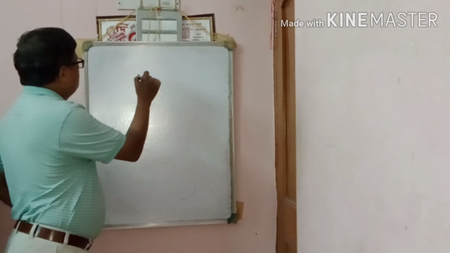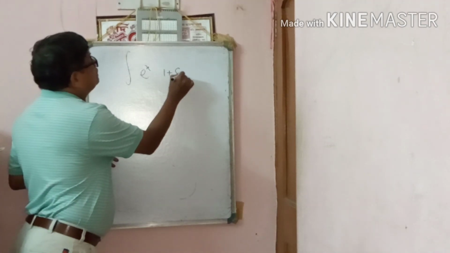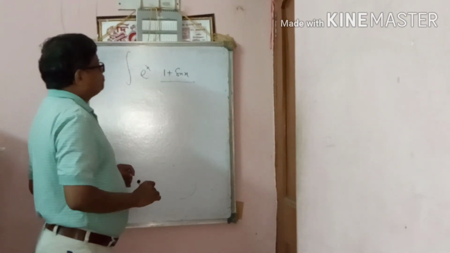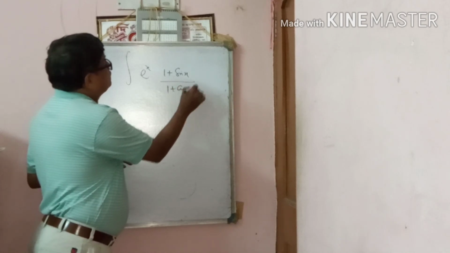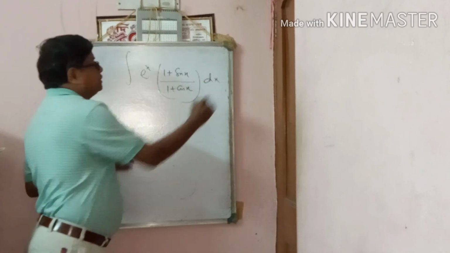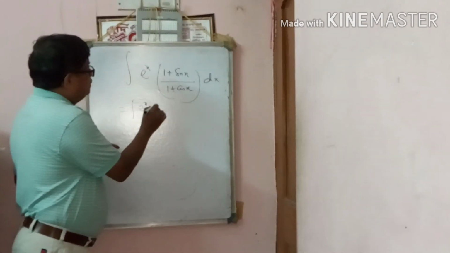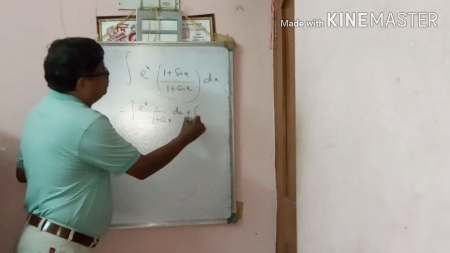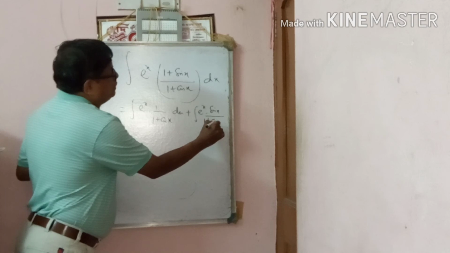Suppose e to the power x into (1 plus sin x) by (1 plus cos x) dx. This one. See, look here, you can write e to the power x into 1 by 1 plus cos x dx plus e to the power x into sin x by 1 plus cos x dx.